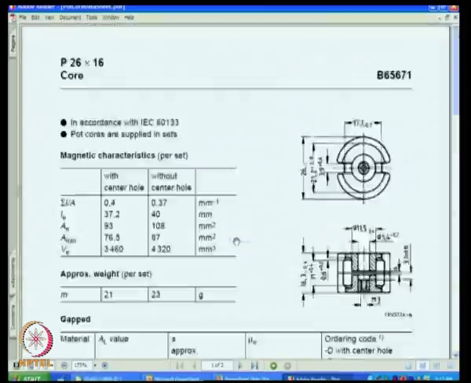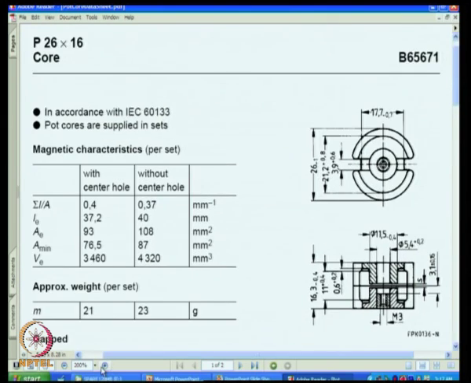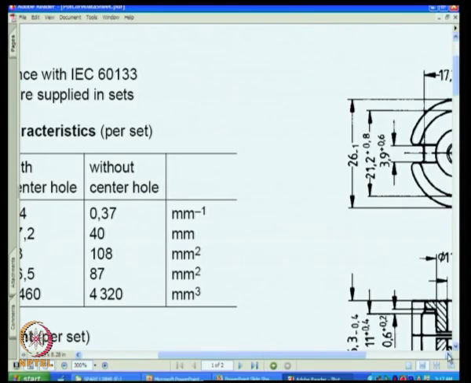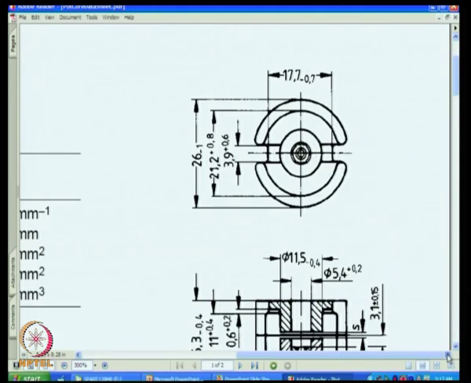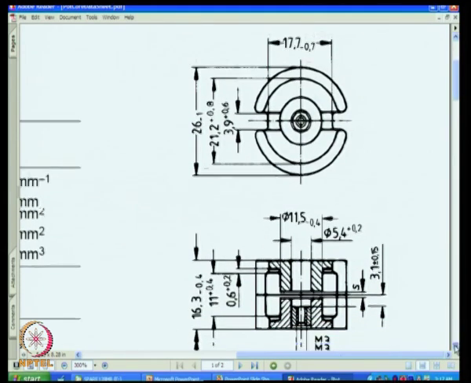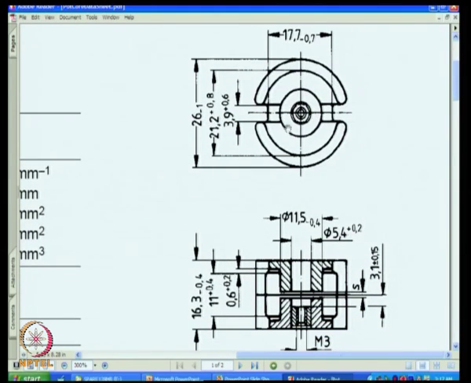There are other cores which are known as pot cores. This is in the shape of a pot. You will see here, in the shape of a pot, two hollow cylindrical things put one above the other. These cores are very advantageous because they have magnetic material all round. So, the leakage flux into the space outside will become very small.